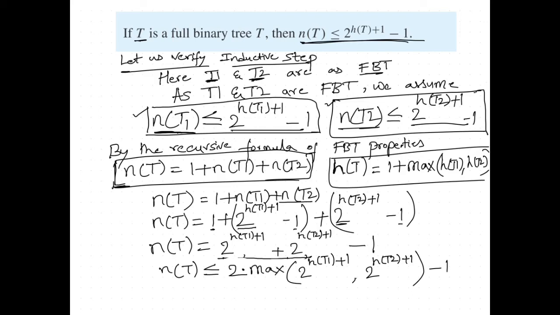So I'm taking a new slide. N of T is always less than or equal to 2 times max of 2 to the power of h of T1 plus 1, comma 2 to the power of h of T2 plus 1, minus 1, right?